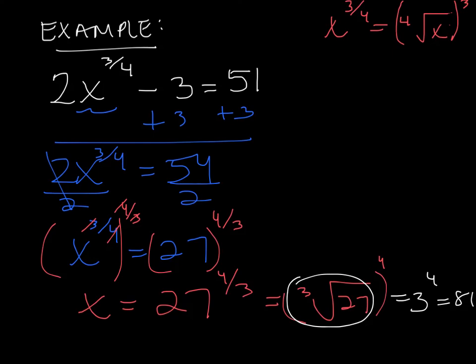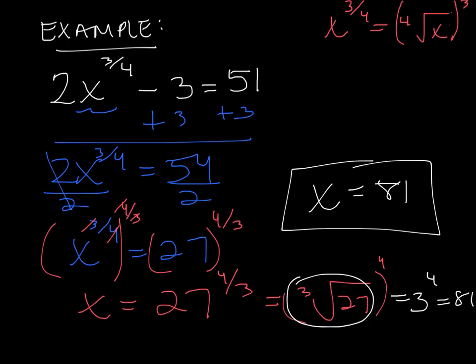Some of these are very quick and easy to do by hand, so there's no point even using the calculator. There's my solution, x equals 81. You can check that, but that one definitely is not going to be an extraneous root. And hopefully those 3 examples help get you through this week's homework.